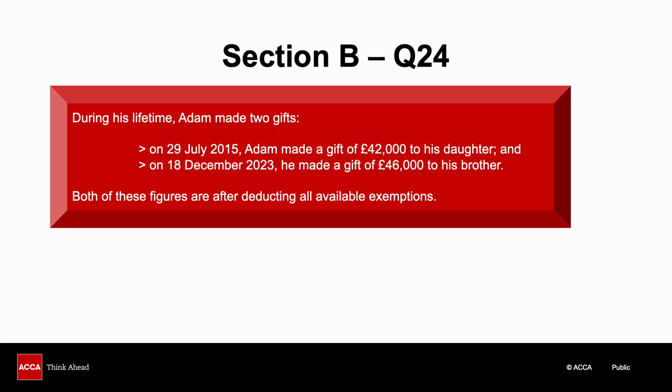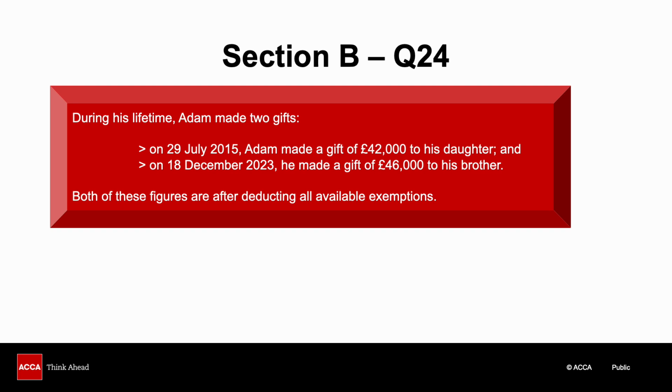So the key bits of information from the question that are relevant to this particular part is that he made 2 gifts during his lifetime, one in 2015 to his daughter and another in 2023 to his brother. Now that one in 2023 to his brother would have been within the 7 years leading up to his death had he died in 2024.